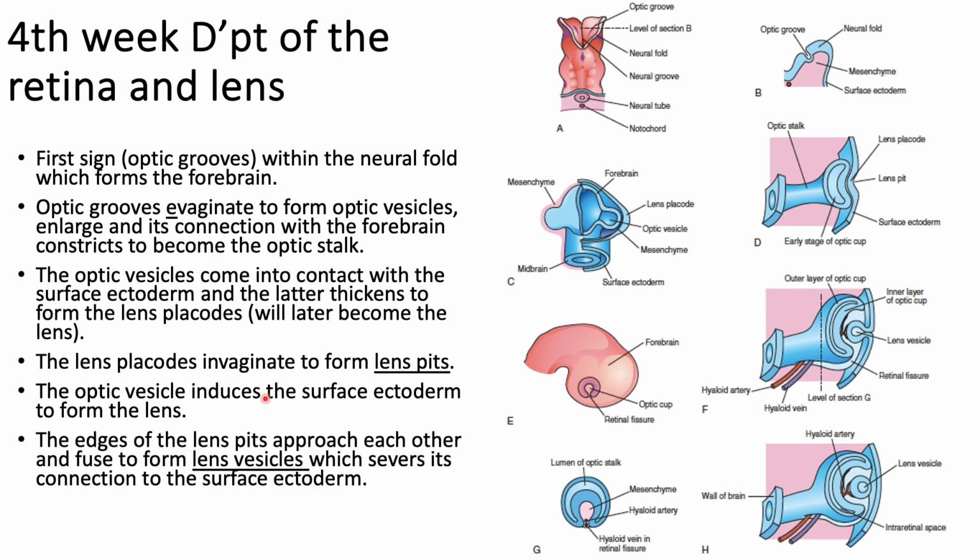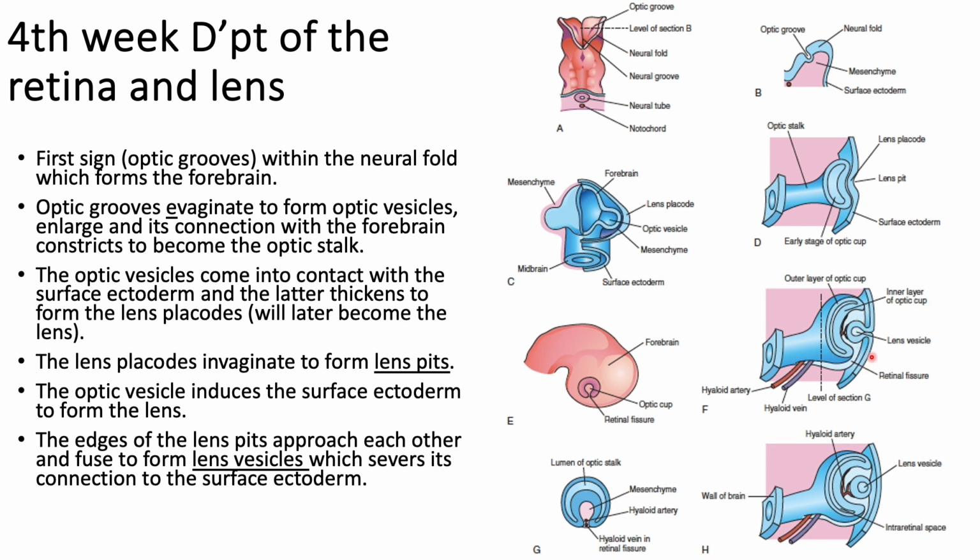The lens pit has a continuous growth, that is a continuous invagination, and as it continues to do that, the upper portions that are in close contact with the surface ectoderm come face to face. That is, they grow towards each other, just like the neural tube formation. During the formation of the brain, you have the neural tube also forming folds that grow towards each other.